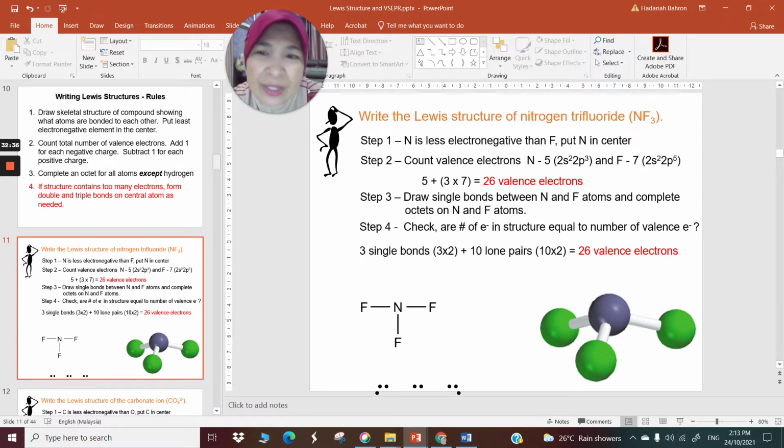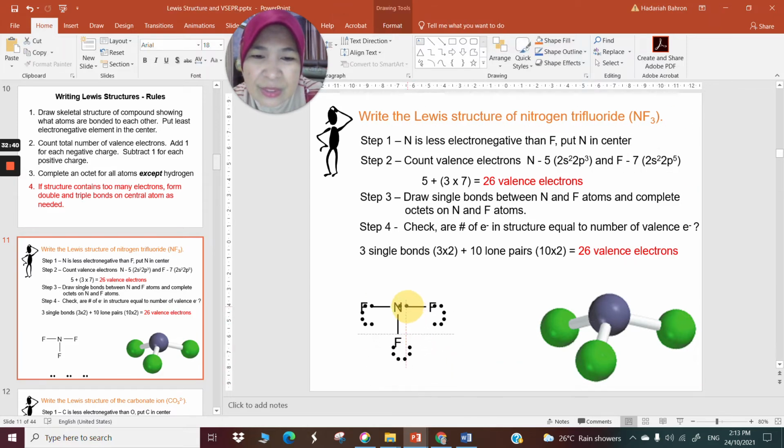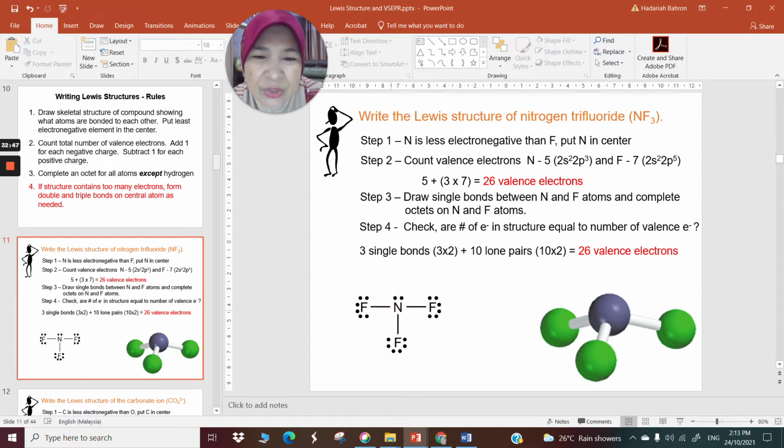And the fluorine on the right also will require 6 more electrons. So all you have to do is take 6 electrons each for each of your fluorine like that. And your nitrogen in the middle has 1, 2, and 3 bonds that represent 6 electrons. So you need to put 2 more electrons at the top, right?